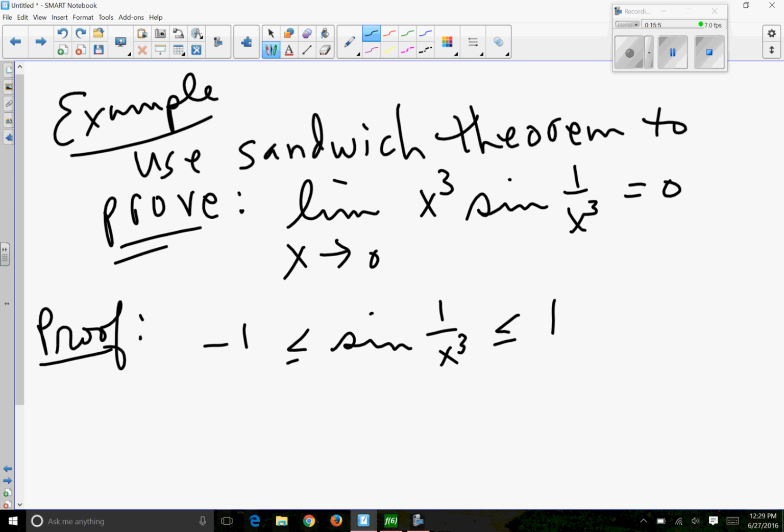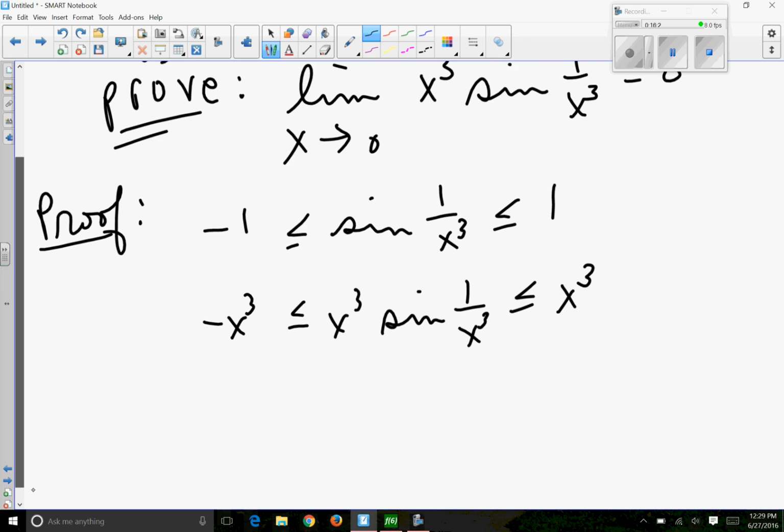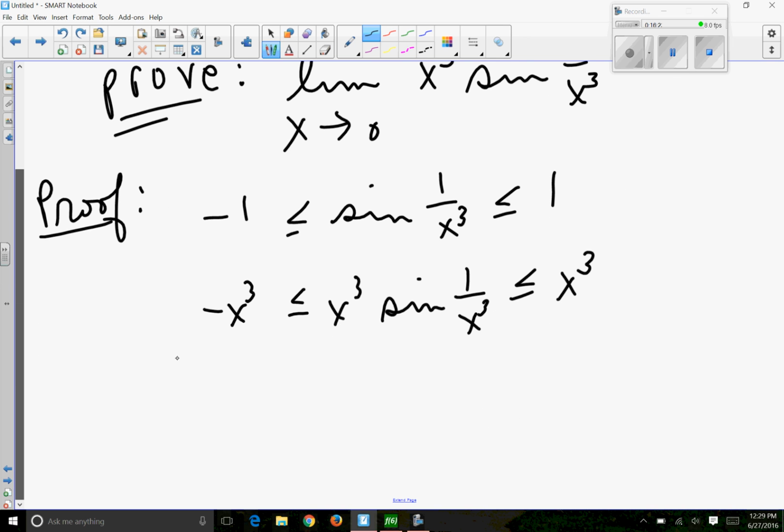And now I'm going to multiply through by x cubed. So multiplying each part of this inequality by x cubed turns into -x cubed is less than or equal to x cubed times the sine of 1 over x cubed, less than or equal to x cubed. And now we're going to take the limit of each of these pieces as x approaches 0. The limit of this piece, -x cubed, as x approaches 0.